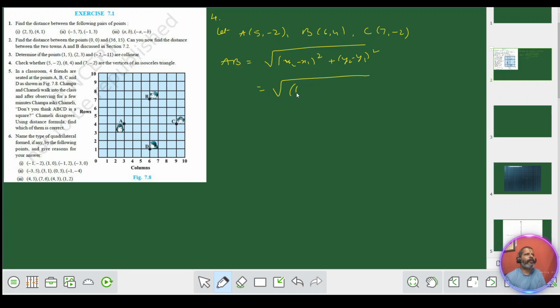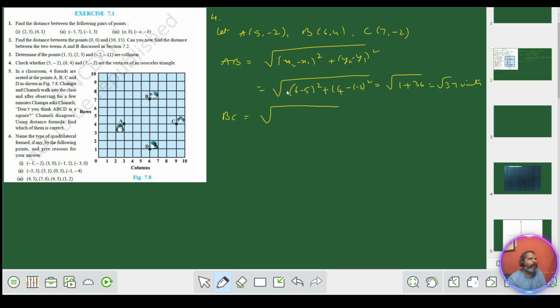So that is (6 minus 5) whole square plus (4 minus of minus 2) whole square. AB becomes 6 minus 5 means 1, 1 square is 1, plus 4 plus 2, 6. 6 square is 36. That becomes root 37 units.